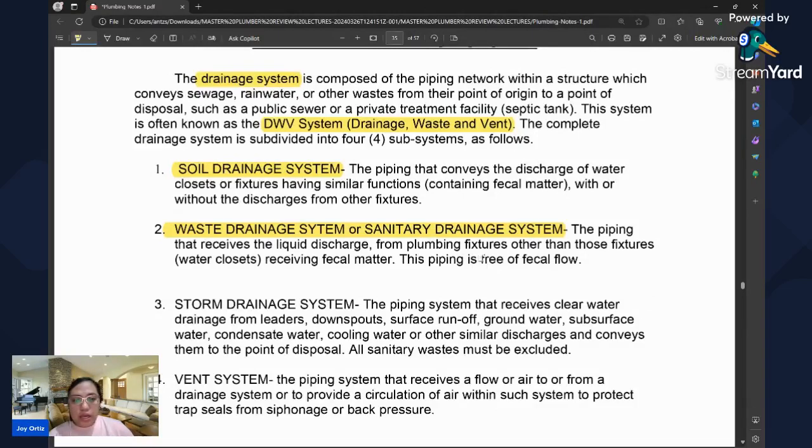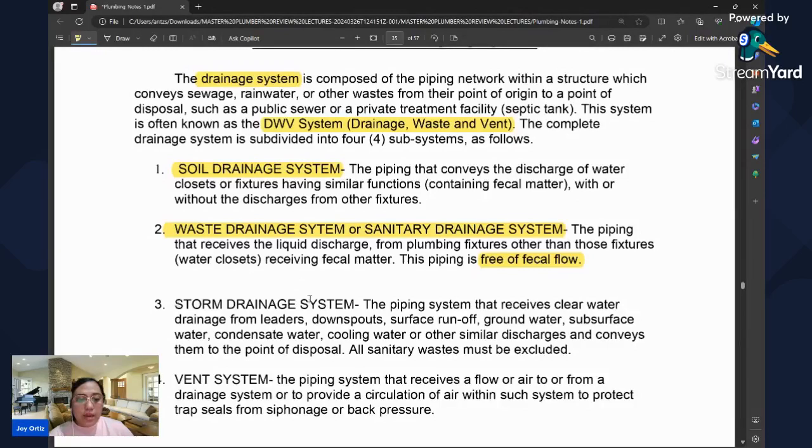So, the waste drainage system or sanitary drainage system receives liquid discharge from plumbing fixtures, those fixtures other than the water closets receiving fecal matter.